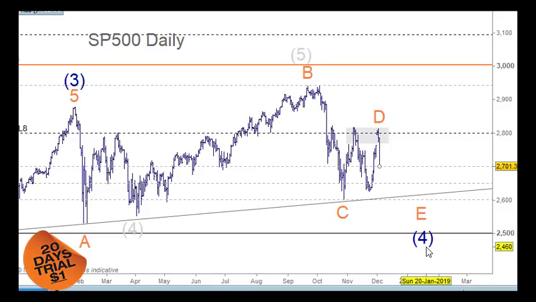So what we just discussed was about trading, but using analysis to get there. This is analysis in the big picture, and it's not that helpful, but what I can say is we're looking for a move down into the 2500 area here.